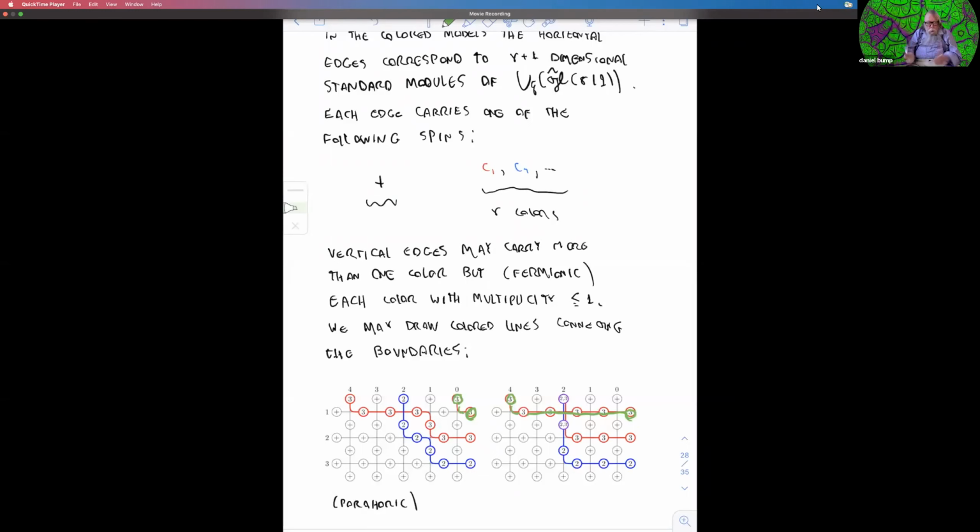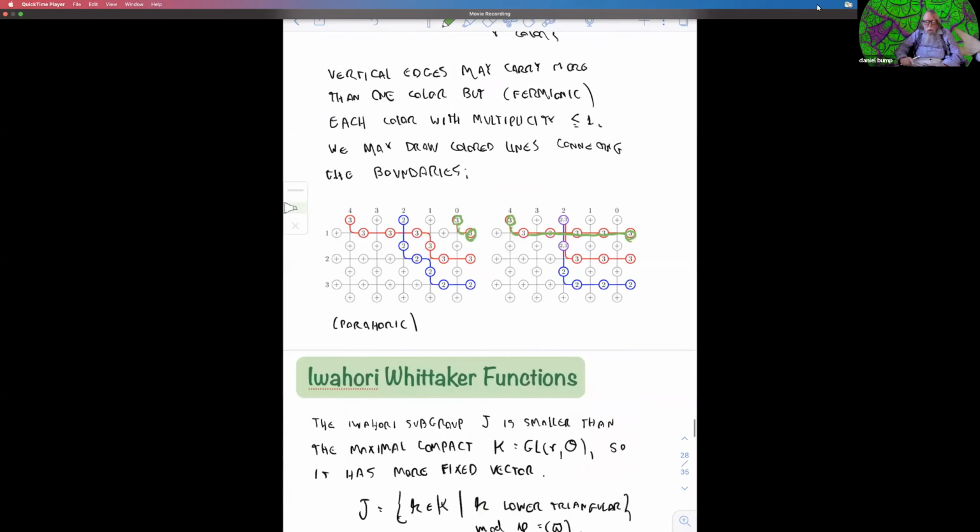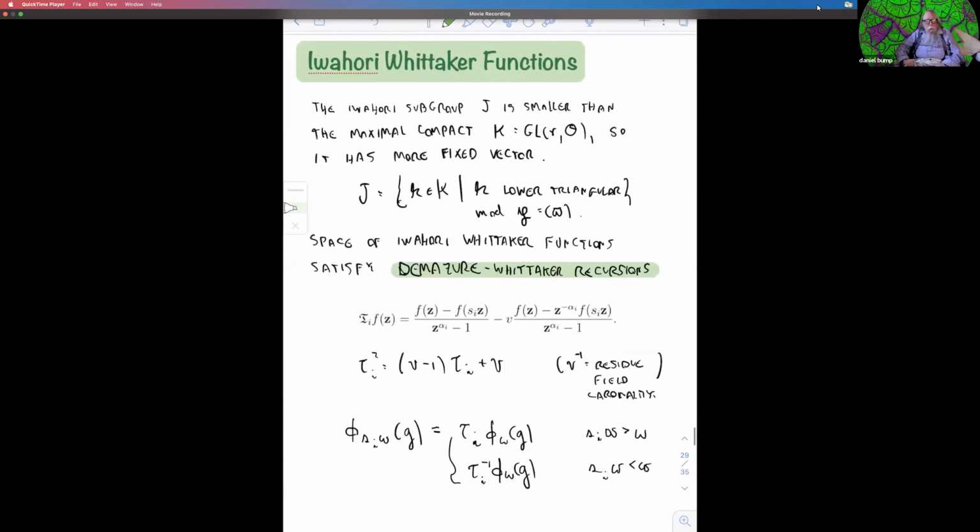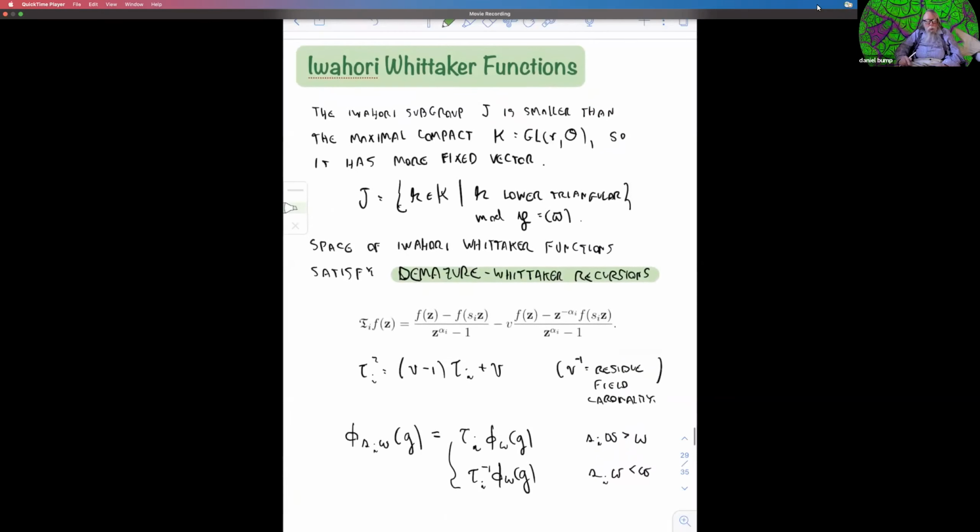So the idea is that we have these lattice models. We have Boltzmann weights, and we have partition functions, and they exactly represent the values of these Iwahori Whittaker functions. So you might wonder what the Demazure-Whittaker recursions are.